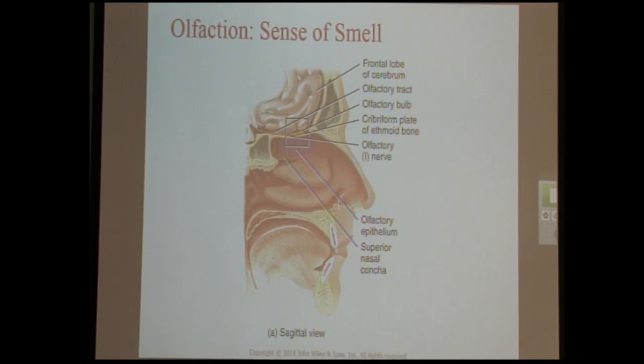All right, here's my little stick. So there's your nose, and the actual area where you sense those odors is way back, the olfactory epithelium. It's kind of at the top of your nose there.